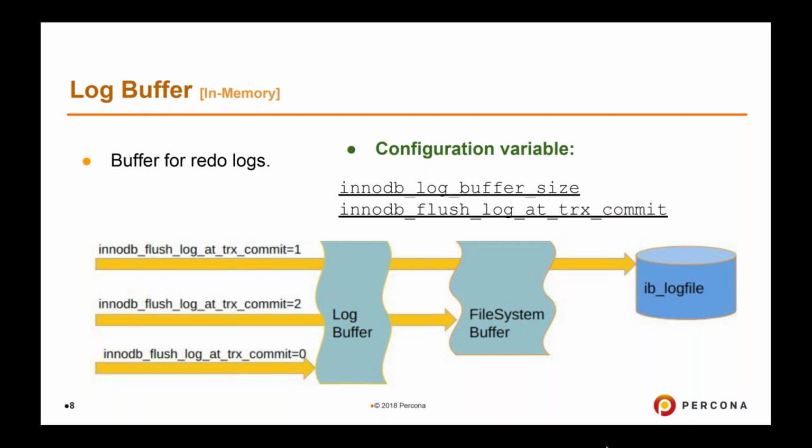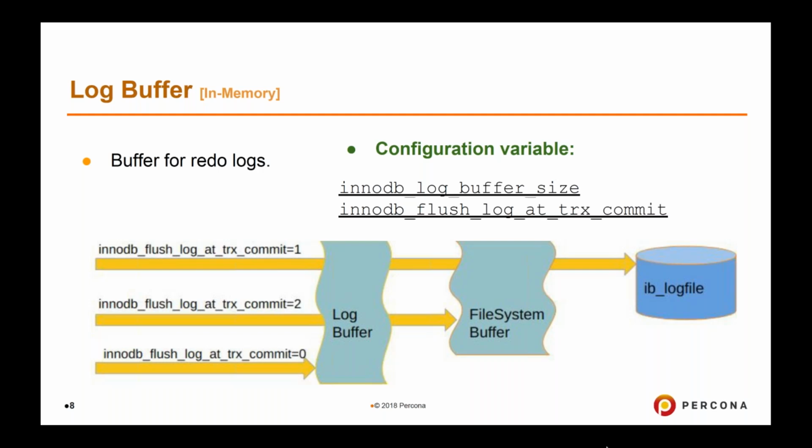If you're setting it to 2, it will work on two conditions. First, whatever the OS flush frequency we have for fsync, and the second is every 1 second. On these two conditions, my flush will trigger from memory to my redo log.